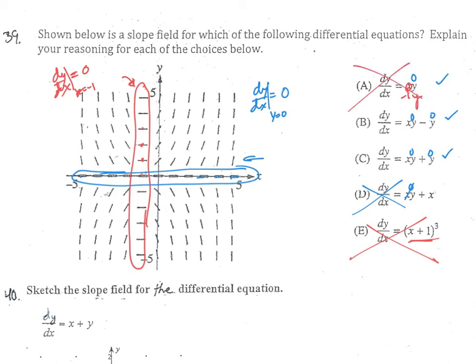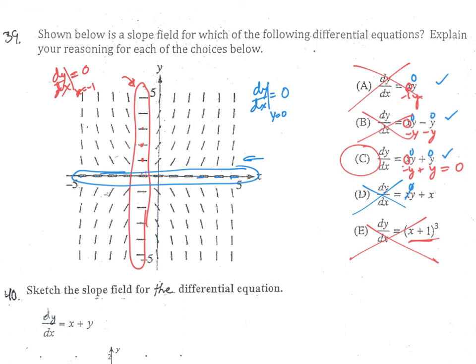When I plug in a -1 for this x, I get -y minus y, that's -2y. That's not 0. I'm trying to get 0. When I plug in a -1 here, -y plus y is always going to be 0. So C is the only one that checks out for both of those slopes that I know.